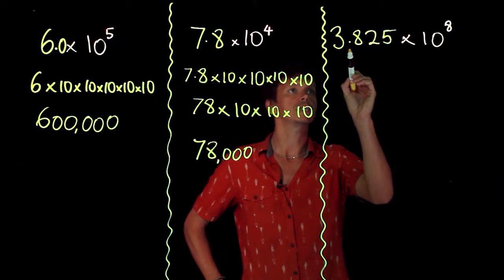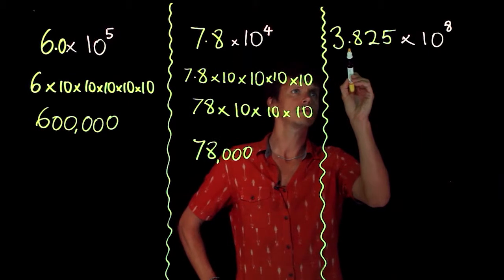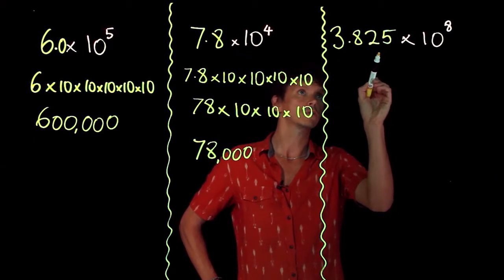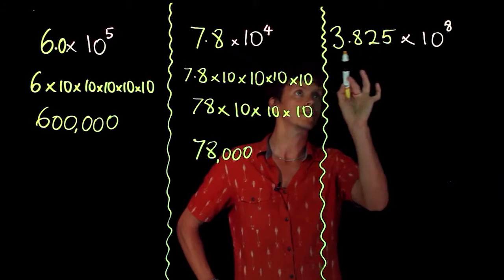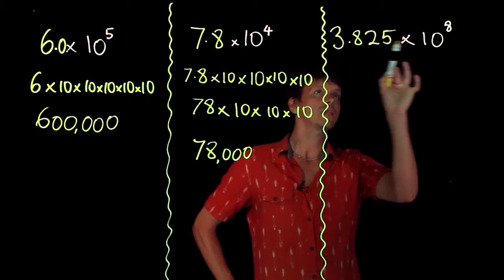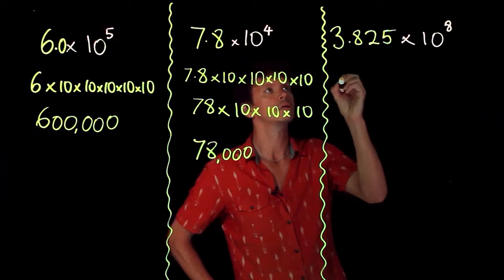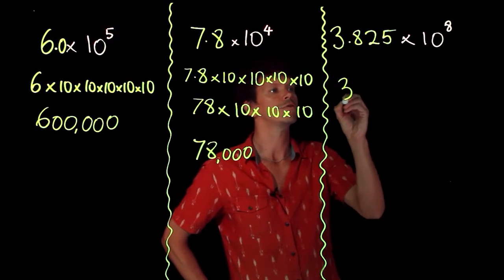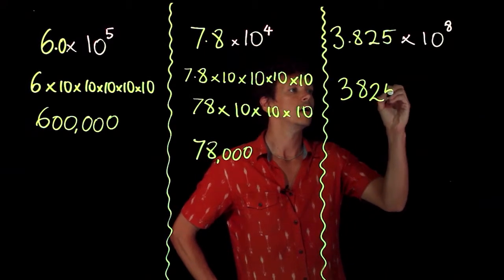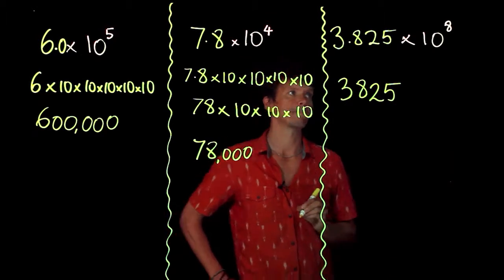Well, if I multiplied it by 10, then I'm going to end up with 38.25. Multiply it by 100, I'm going to get 382.5. So if I multiply that by 1,000, then I'm going to get 3,825.